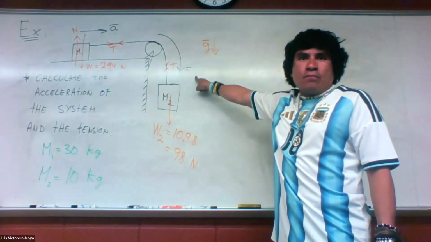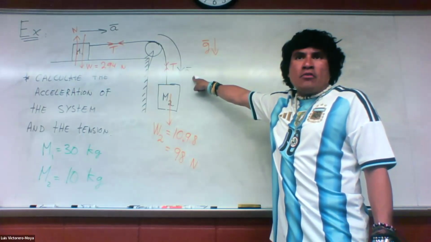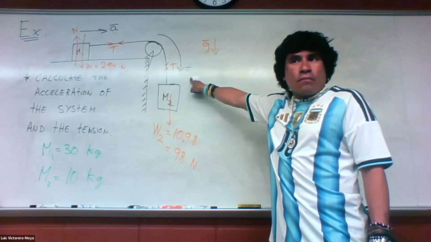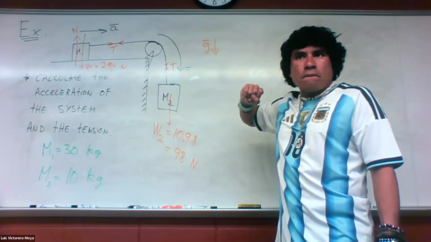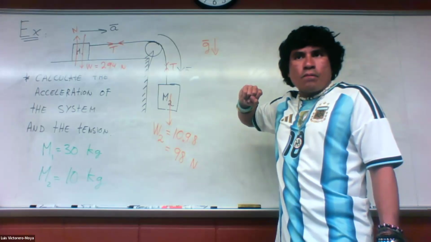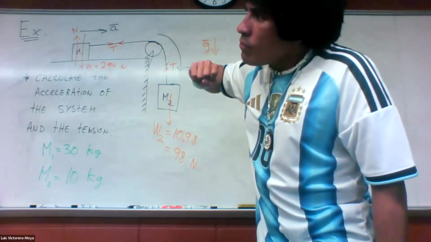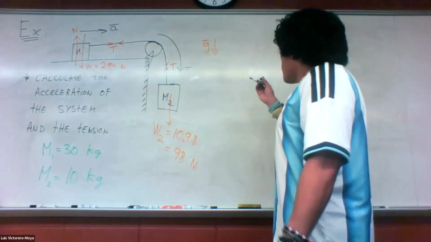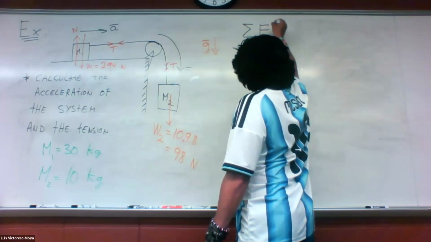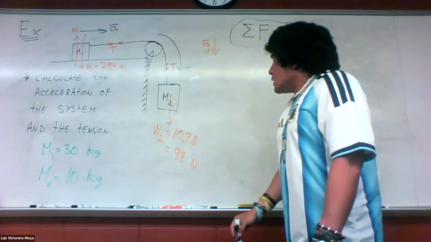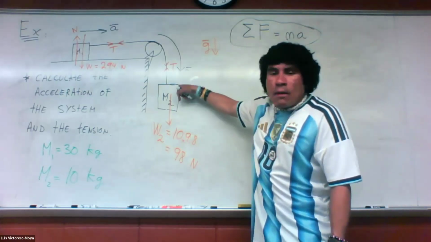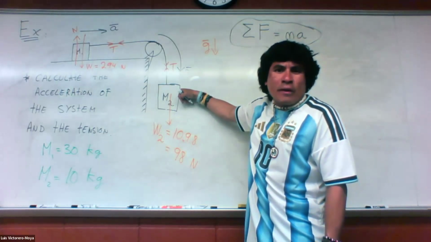Why is there an acceleration? Think about Newton's second law. Why is the system moving? Because it has a force acting on it. The net force equals mass times acceleration, right? So M2, in which direction is it moving?